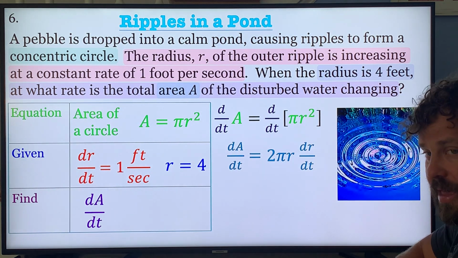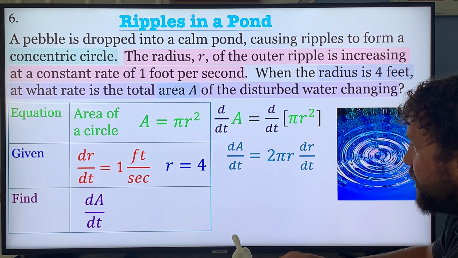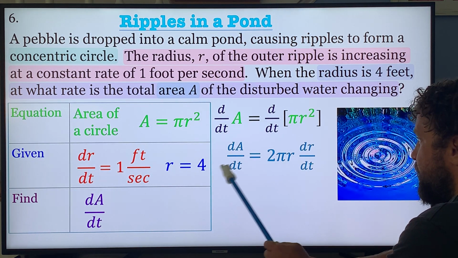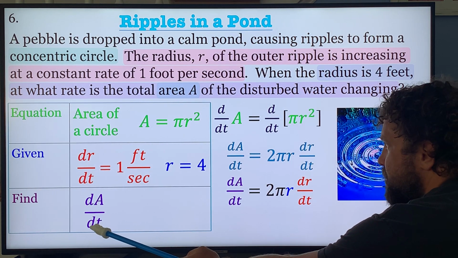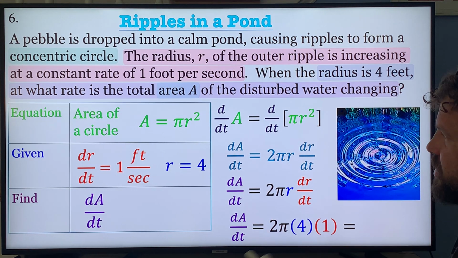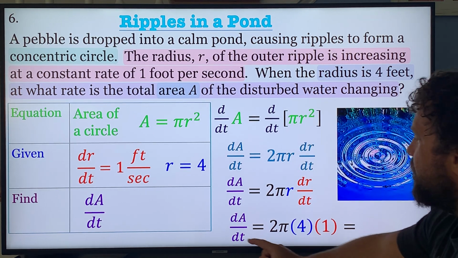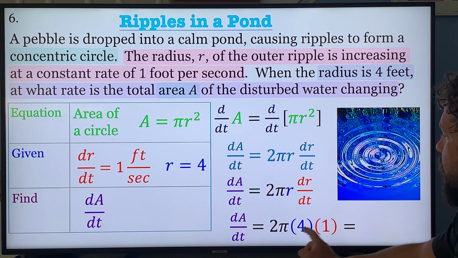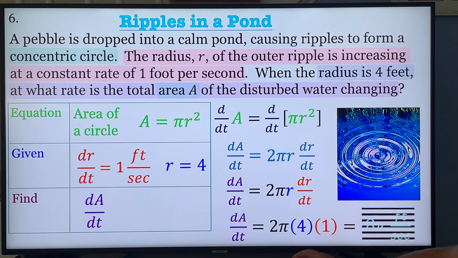And now the last step is to plug in and solve. So dA dt, we don't know what that is. 2 pi is a constant. r is 4 and dr dt is 1. This is why making a chart makes everything easy. dA dt equals 2 pi times 4 times 1. 2 times 4 times 1 is 8 pi feet per second.